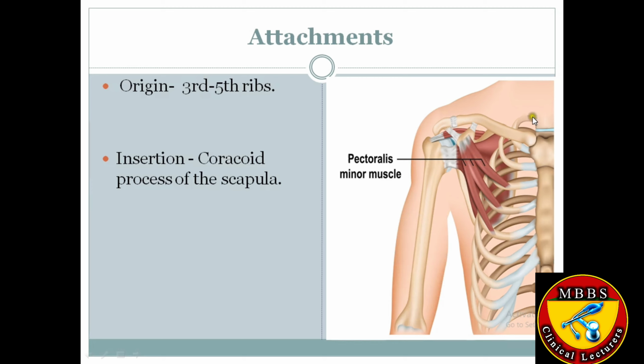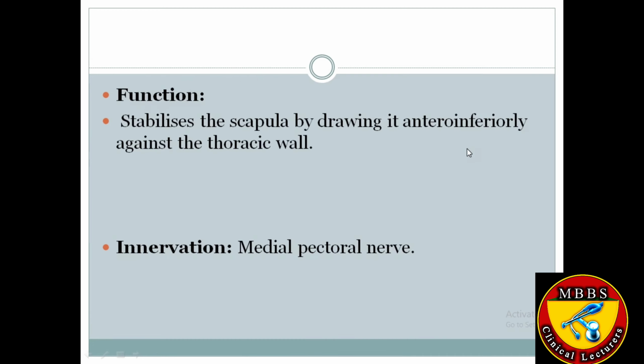As we count the ribs, this is the first rib, second rib, third rib, from which the pectoralis minor originates: the third rib, fourth rib, and the fifth rib. It gets inserted into the coracoid process of the scapula. The function of the pectoralis minor is to stabilize the scapula by drawing it anterior-inferiorly against the thoracic wall. Innervation is by the medial pectoral nerve.